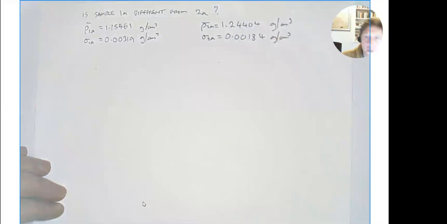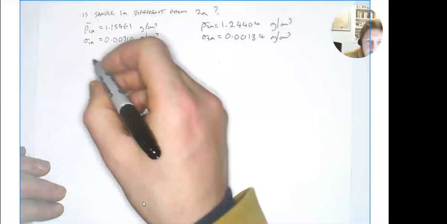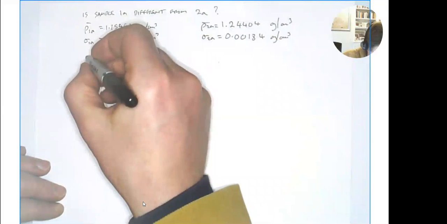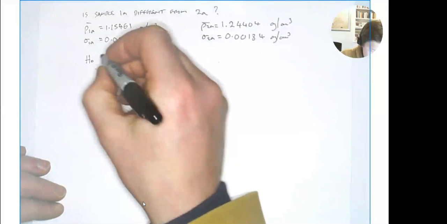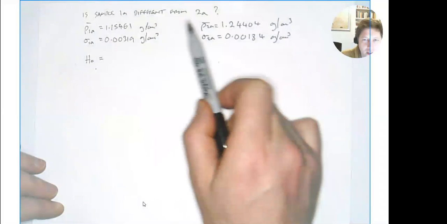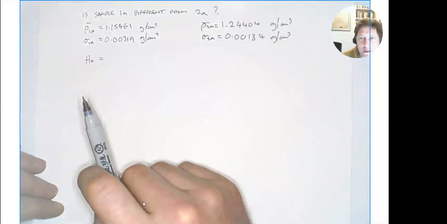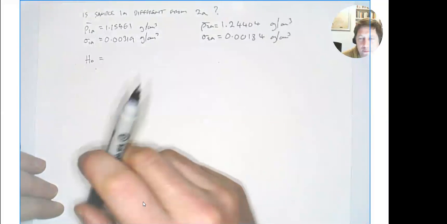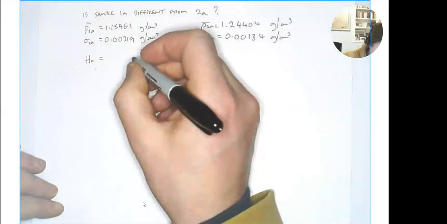Okay, so we've got two means and two standard deviations, and so we can apply a hypothesis test to this to answer our question. So the hypothesis is that if we take the difference between the two populations, the mean of those would be equal to 0.